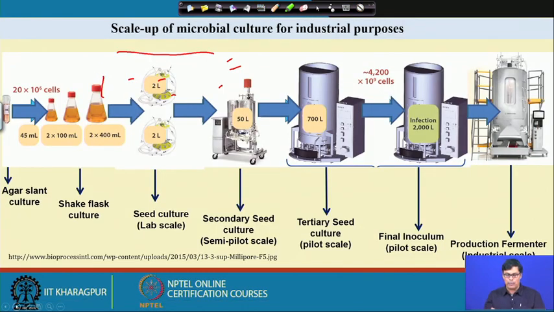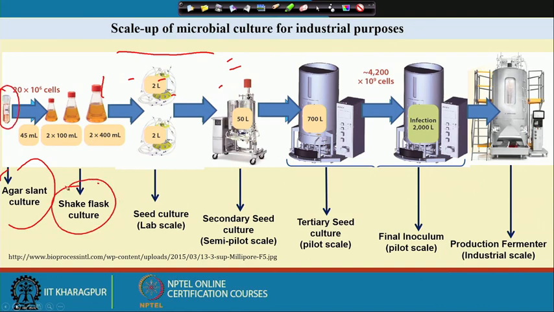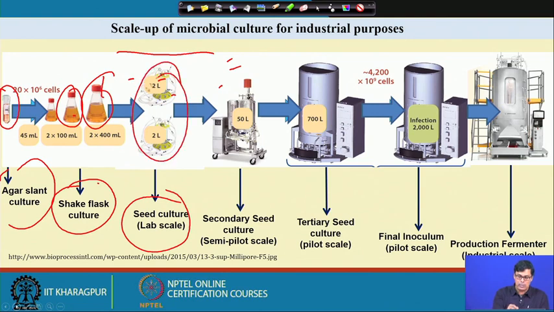Now let me tell you how we develop the organism. We start with the agar slant culture. Then from the slant, we make a shake flask culture. We put it in the shaker. Then we put it in the fermenter, a small fermenter.